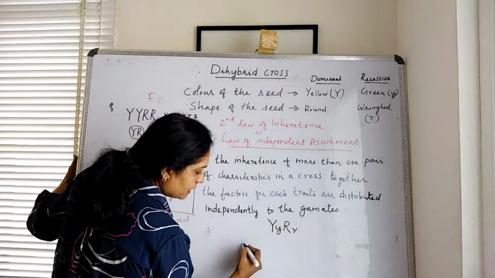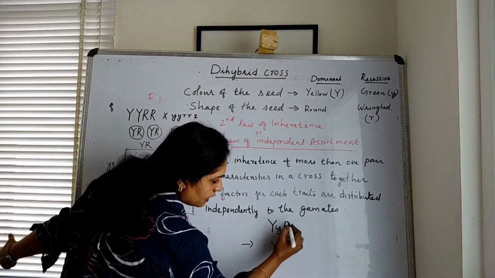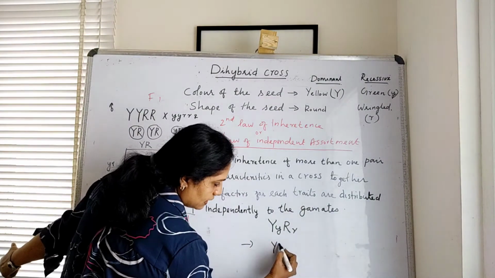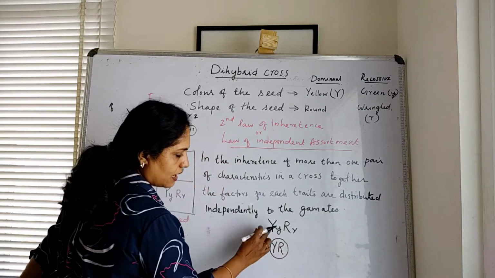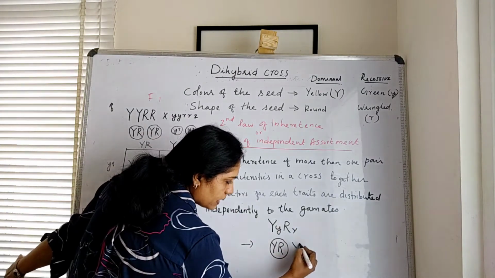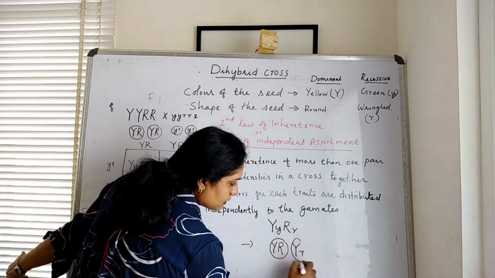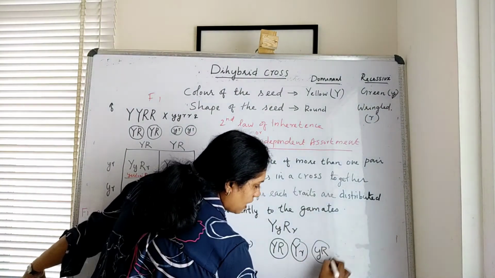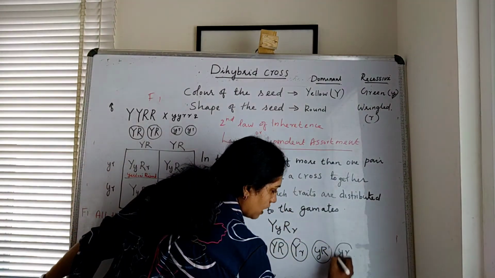So while forming gametes, capital Y and one variant from the shape of the seed, that is capital R, is one gamete, and there is a chance for capital Y and small r, and small y and capital R, and there is another chance for small y and small r.